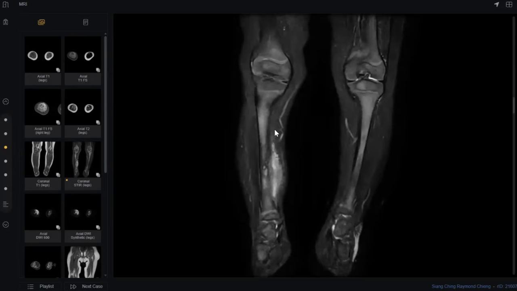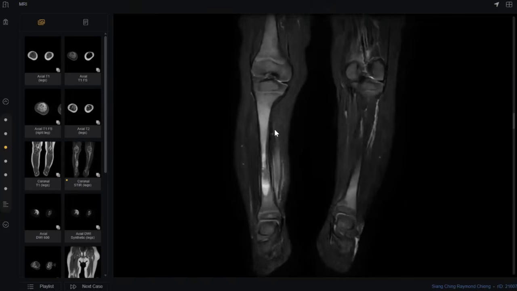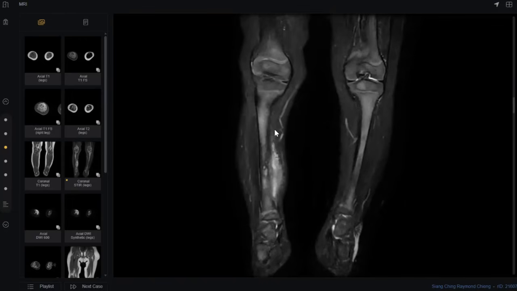I can reappreciate that there is periosteal reaction with underlying bony marrow changes involving the distal tibial shaft diaphysis, and there is also aggressive overlying soft tissue swelling and mild soft tissue edema as well.